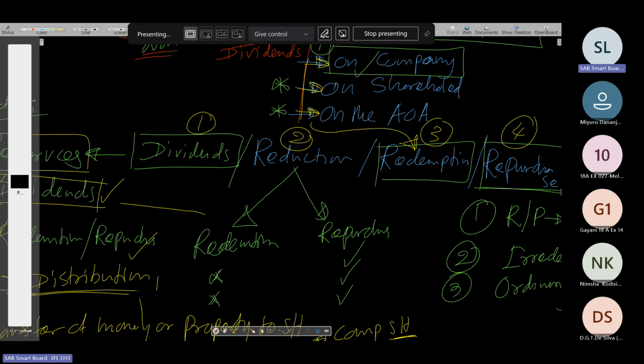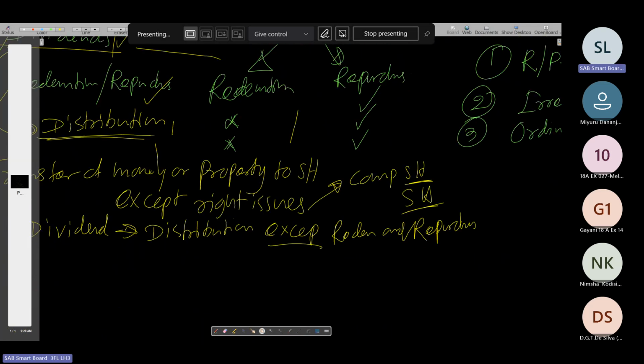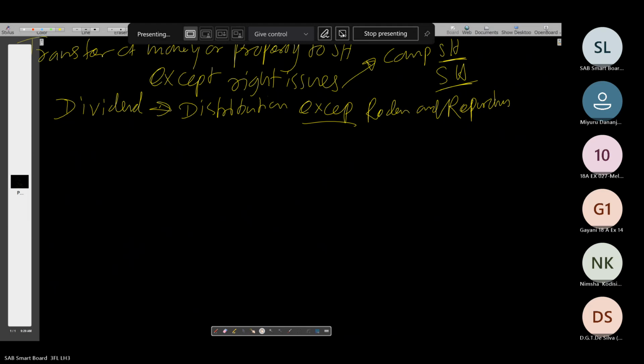in order to redeem the redeemable shares or repurchase the shares, on these three occasions the company must meet the solvency test. Understood? Solvency test. The company shall meet the solvency test.